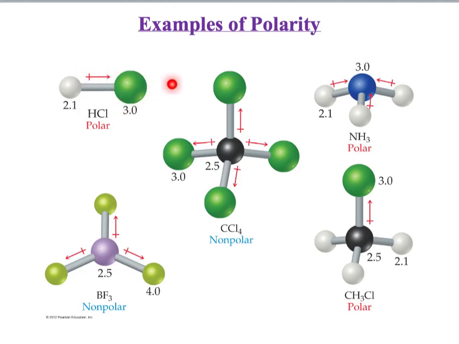It's going to pull the electron away from the hydrogen, and so it's polar. You can see a couple of others where you have NH3 or CH3Cl. So that concludes part 1, and good luck with chapter 9. Make sure you practice drawing those Lewis structures, identifying the electron domain geometry and the molecular geometry.